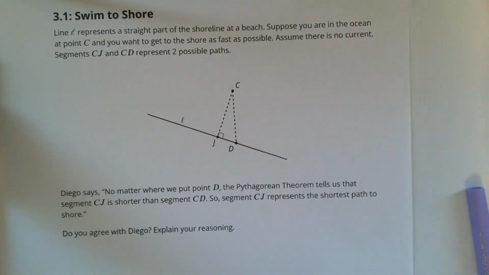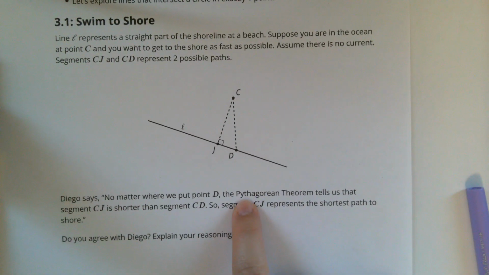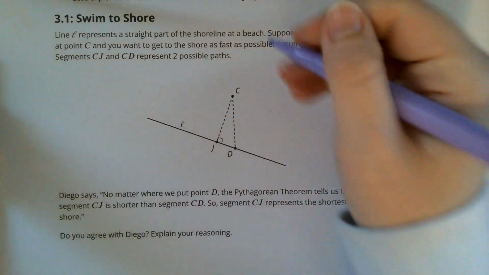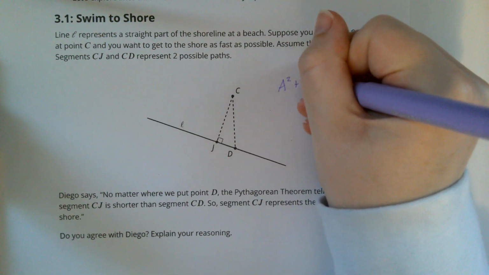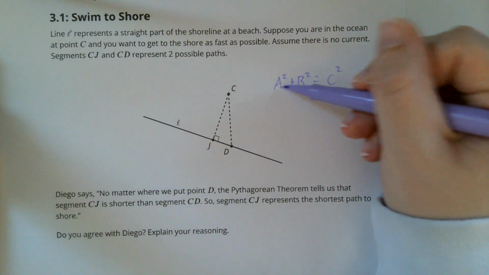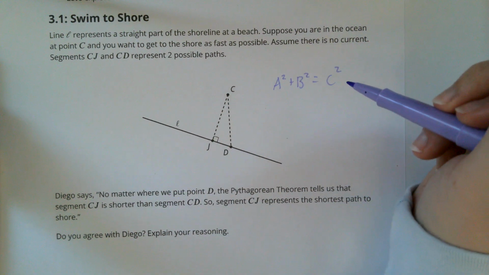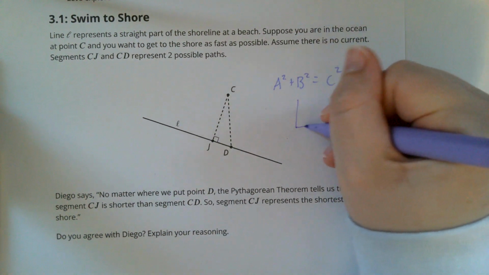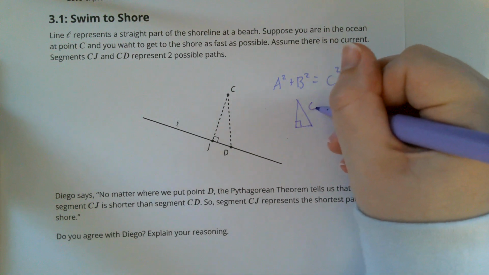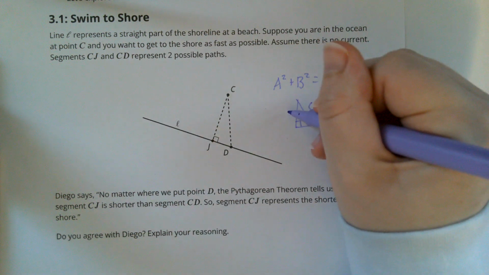He cited the Pythagorean theorem as his reasoning for that. If you think about the Pythagorean theorem, a squared plus b squared equals c squared, those are the sides of a right triangle, right? The hypotenuse is always c, and the legs are a and b.